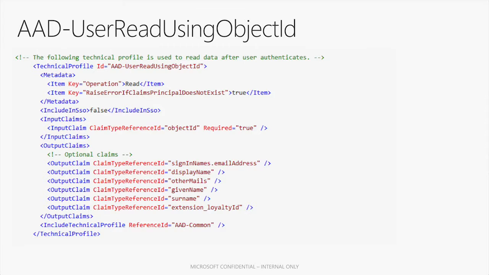This is the AD user read using object ID technical profile. When IEF wants to validate the password, given our model of Graph API, where we model ourselves as an external entity to Graph API, the same approach is taken with validating passwords.